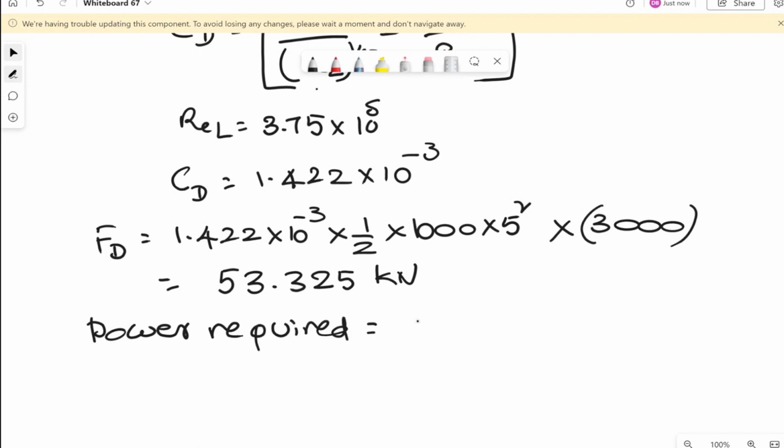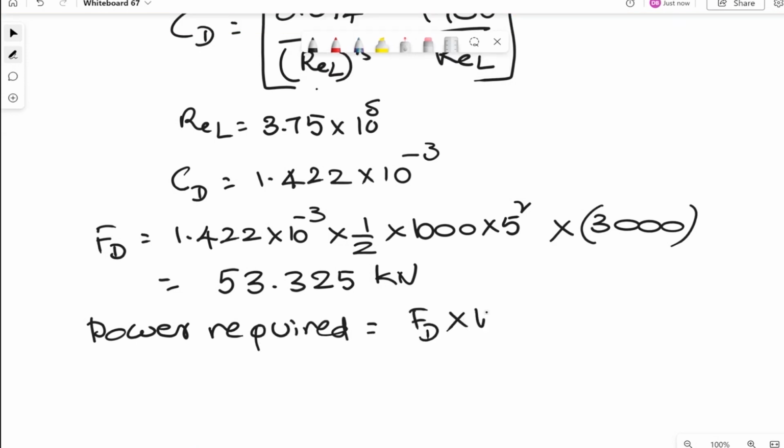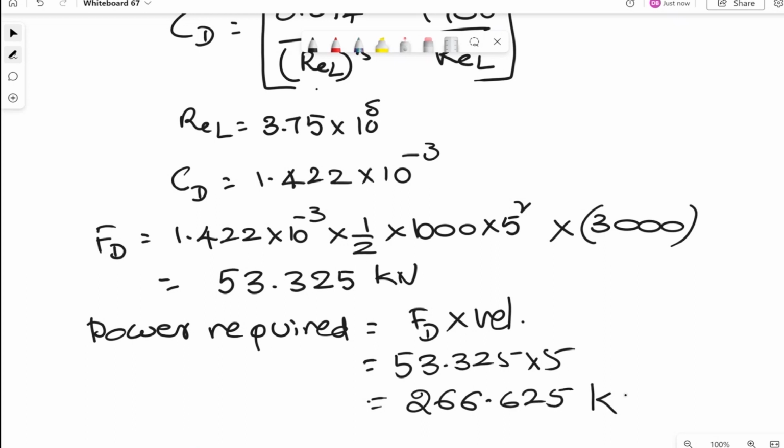The power required is F_D into velocity, so 53.325 into 5. Since F_D is in kilonewtons, we get 625 kilowatts. So that completes it.